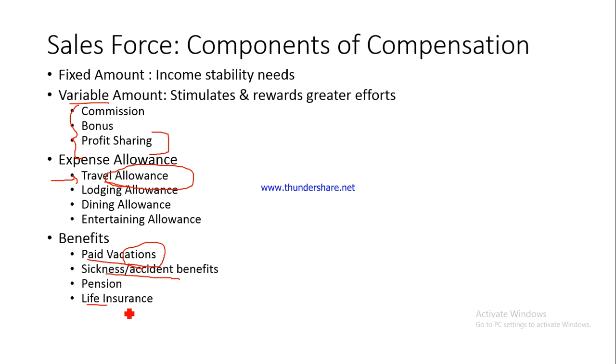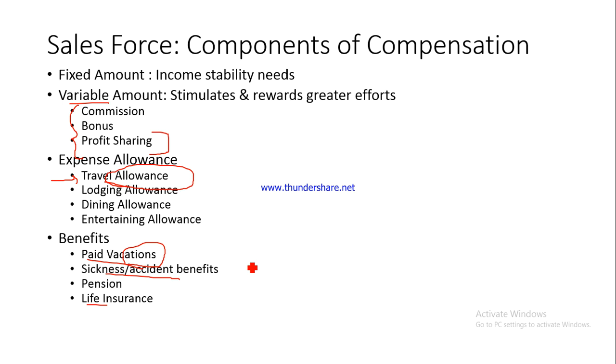Likewise, many times the companies also have a group health insurance plan where they are paying the health insurance premium on behalf of the salesperson to the particular health insurance firm. And if something happens to this salesperson, he's sick or he's hospitalized, that health insurance firm will be covering such hospitalization costs.